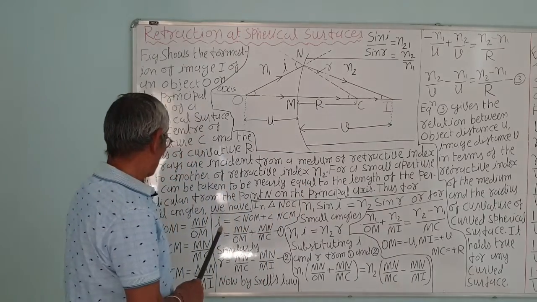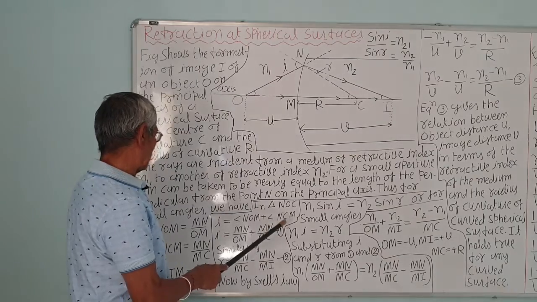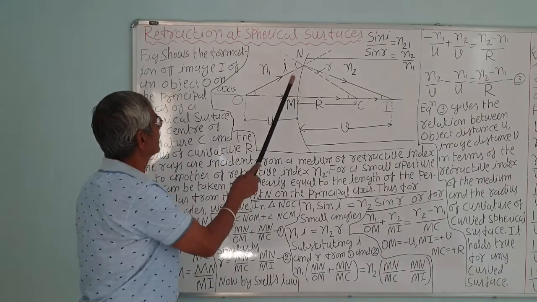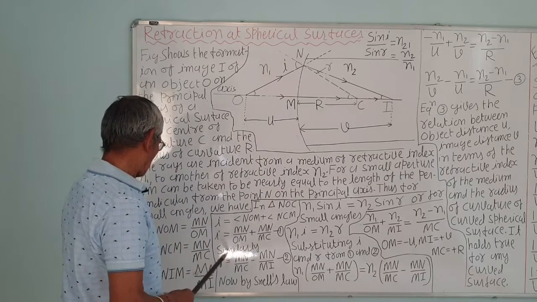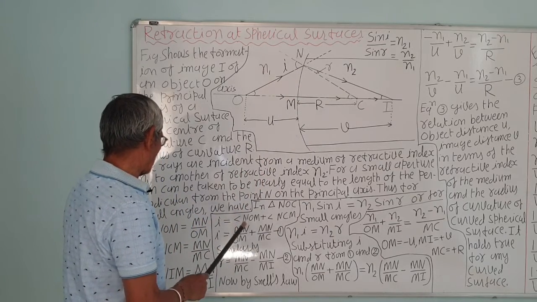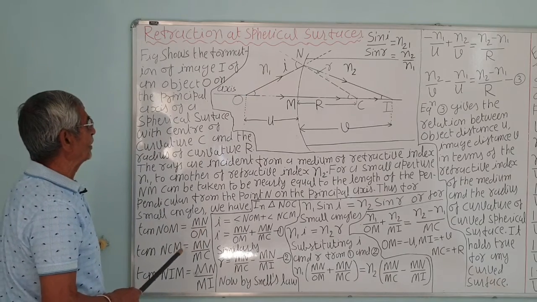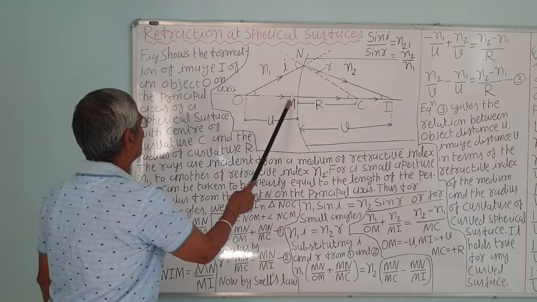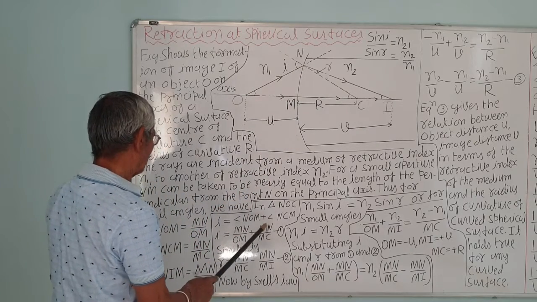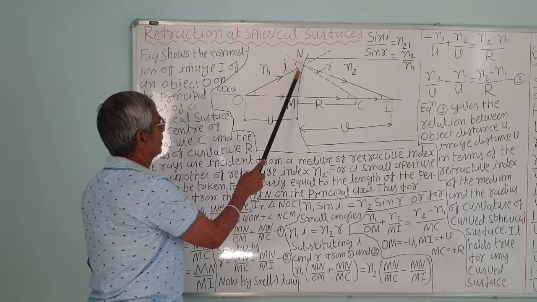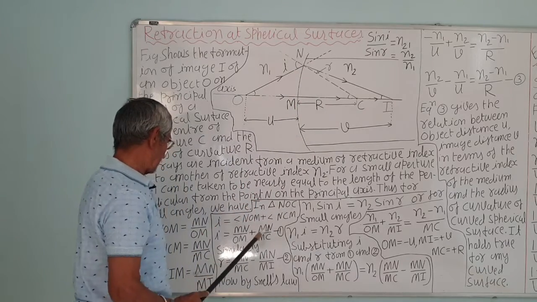So angle I is equal to NOM plus NCM, because this is an exterior angle of this triangle. So I is equal to NOM, which is MN upon OM, plus NCM, that is MN upon MC.